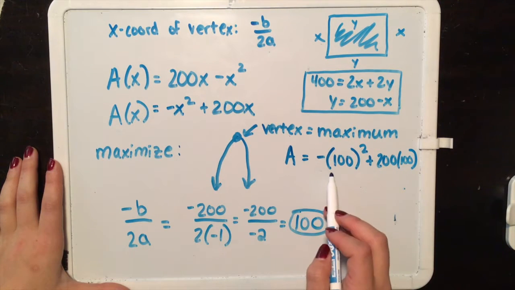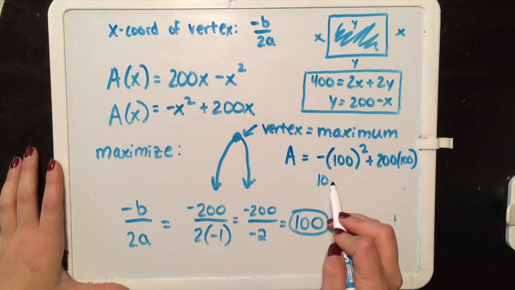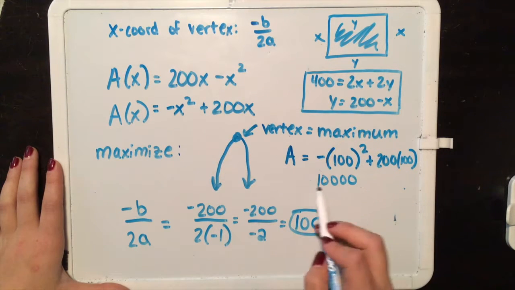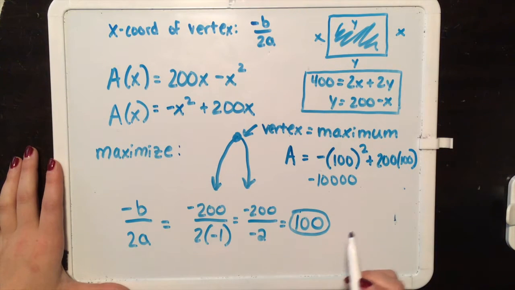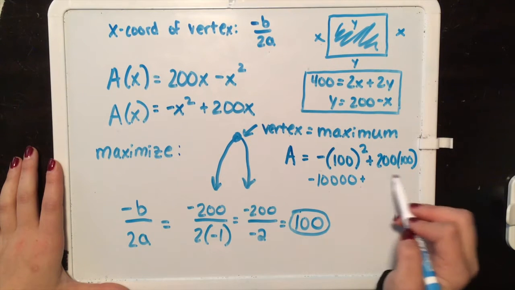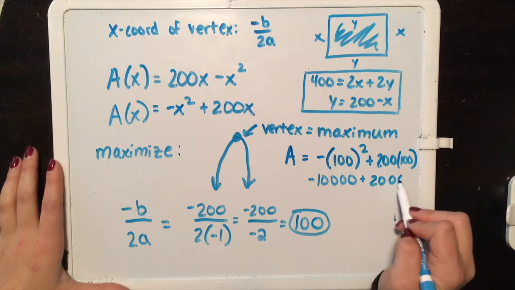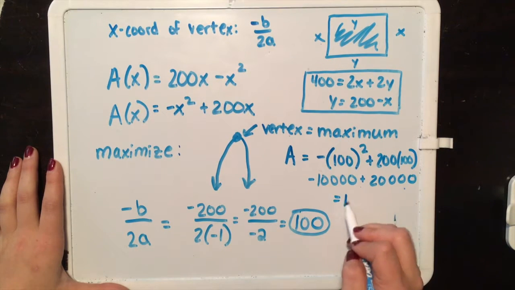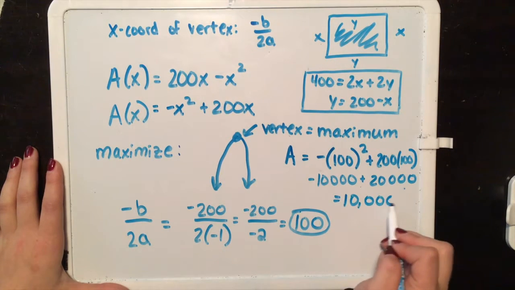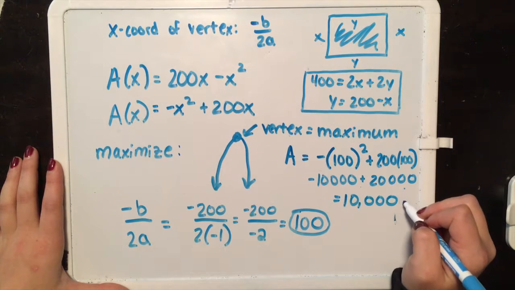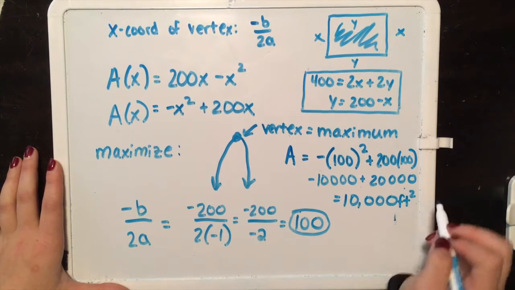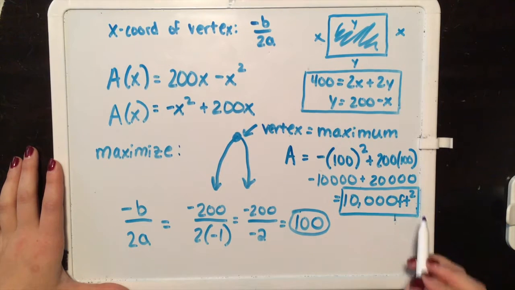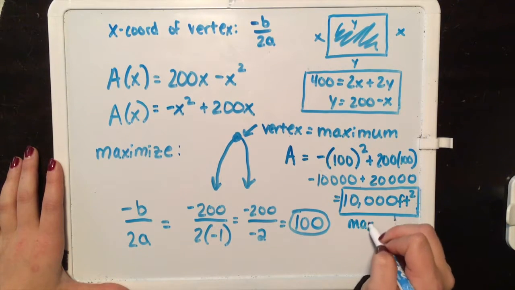And we get negative 10,000 plus 20,000, which equals 10,000. And the units is feet squared. That is the maximal area of our pen.